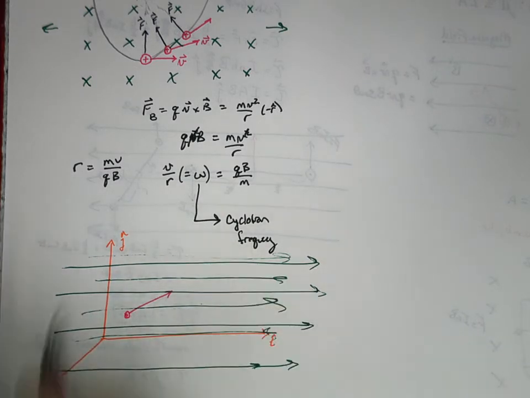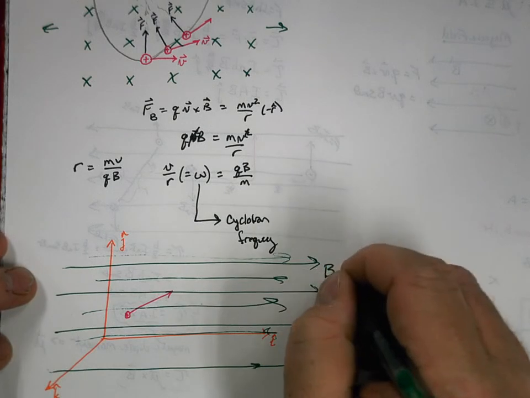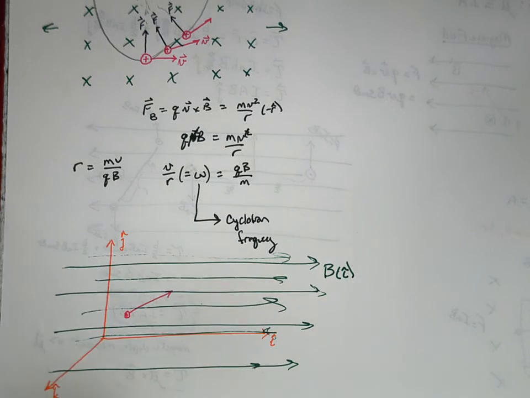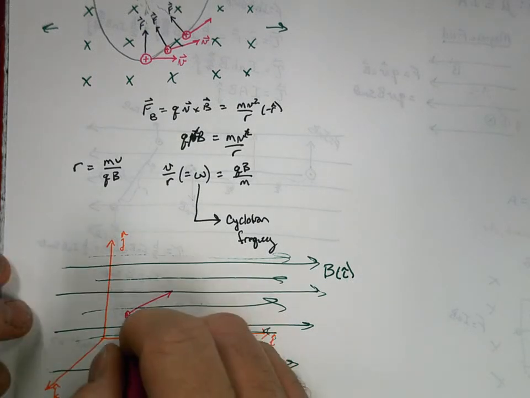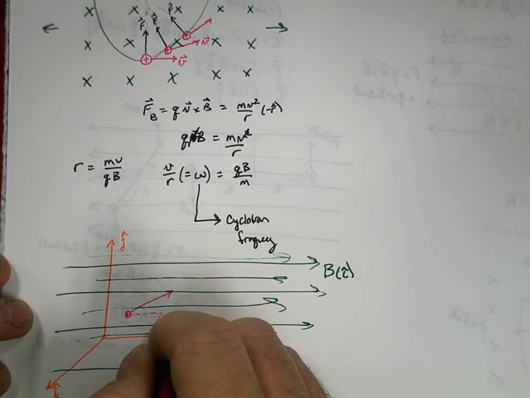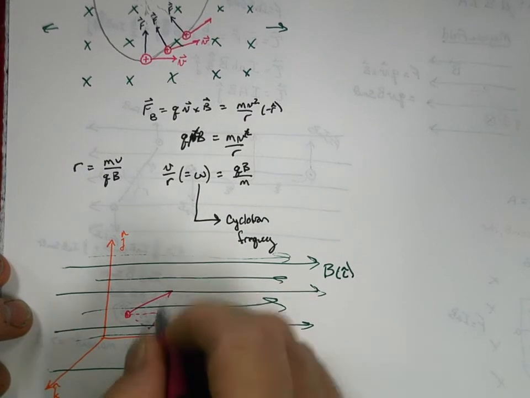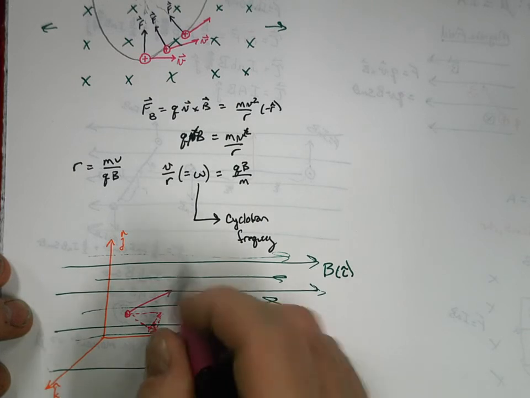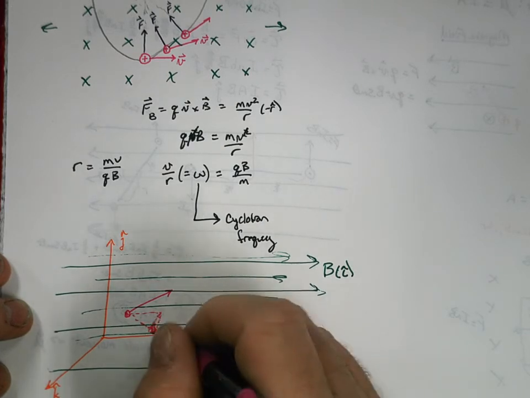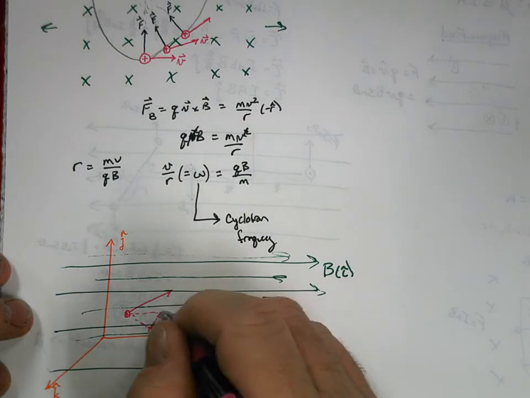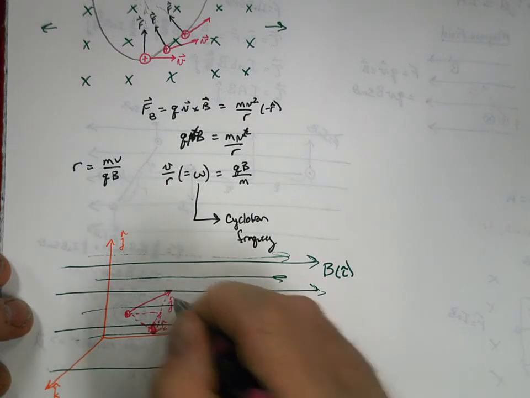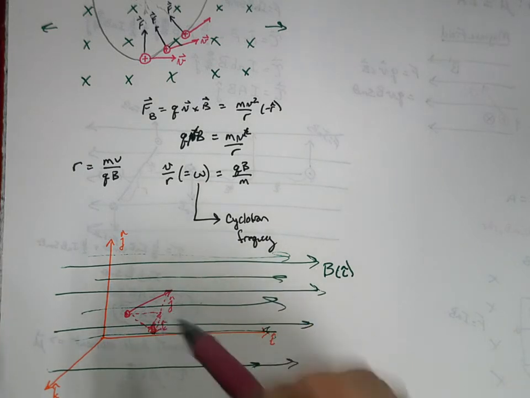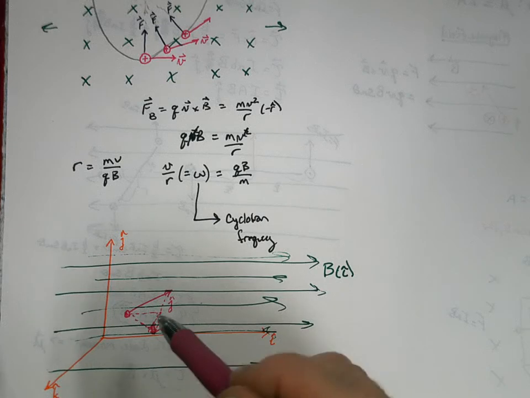If our magnetic field is all in the I-hat direction, then we're going to have a magnitude of our velocity in the K-hat direction, and a magnitude of the velocity in the J-hat direction. And because we have magnitudes of the velocities in both of those directions, we're also going to have forces that are perpendicular to those.